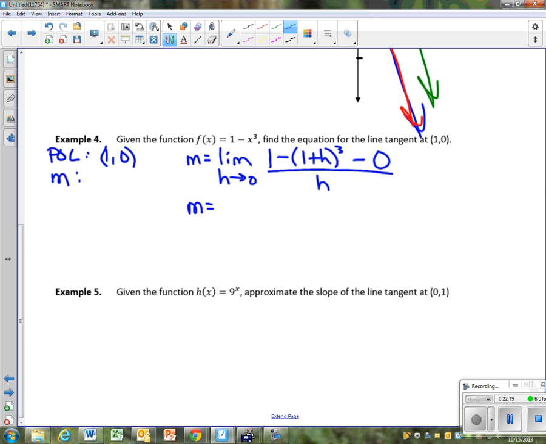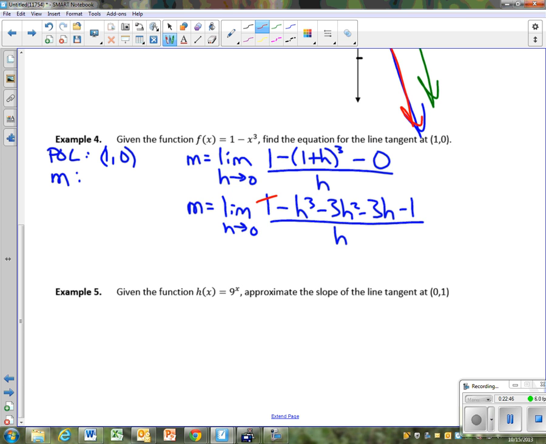So m is the limit as h goes to 0 of, what is 1 plus h to the third? Remember Pascal's triangle? We have a 1, 3, 3, 1. What happens to the 1s?